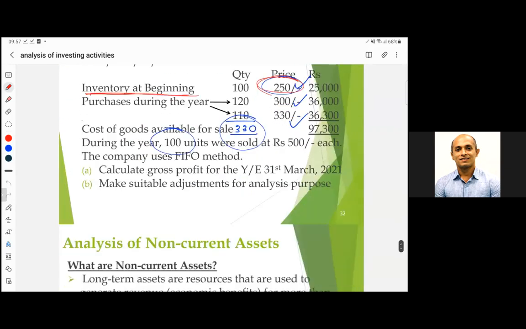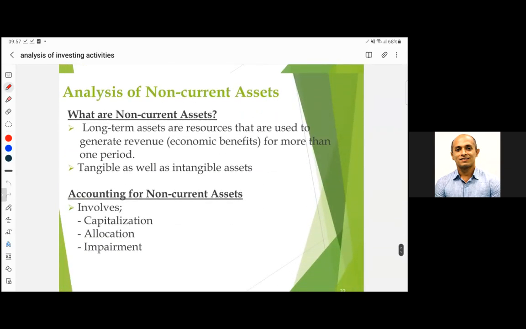So before the next lecture, you should study LKS 16. What is the standard number for impairment? As I can remember, LKS 38, sorry, 38 intangible assets. You should have studied.